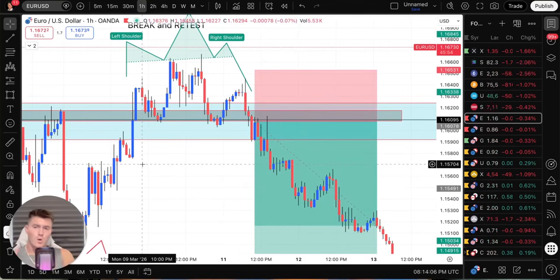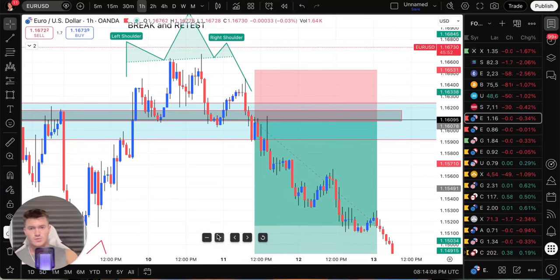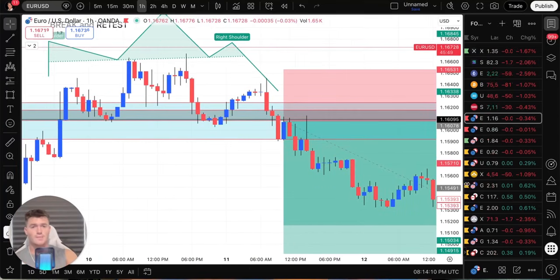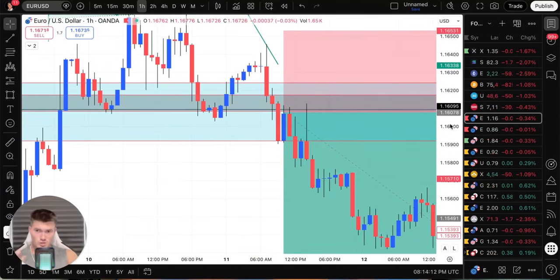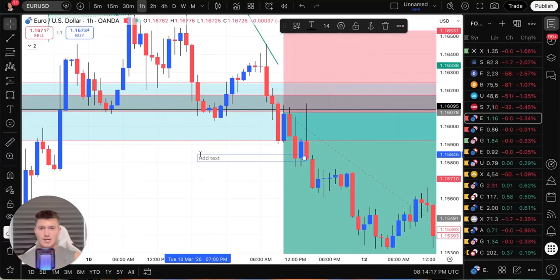But remember, you always want to wait for your candle to close, just so that you know that the market is confirming to you that's where price is now. So you wait for the candle to close after it breaks.